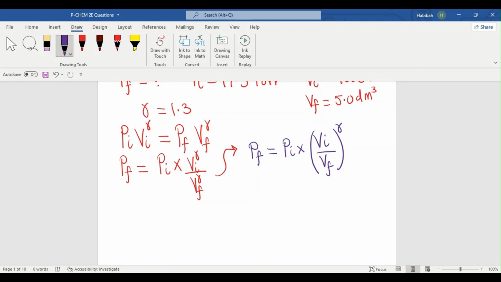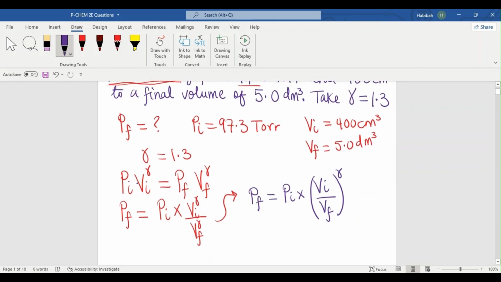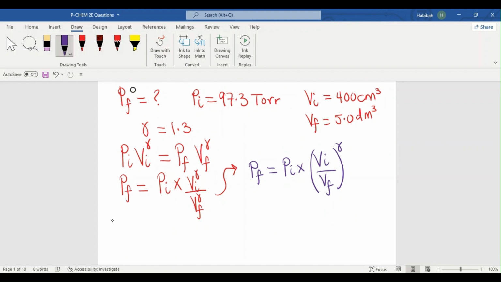So when you have all of this information, all you have to do is just substitute, right? So you have P final equals P initial, which is 97.3 torr, times V initial, which is 400 centimeter cube, and then V final, which is 5.0 dm cube. Before you go on to substitute, you have to remember this important information.